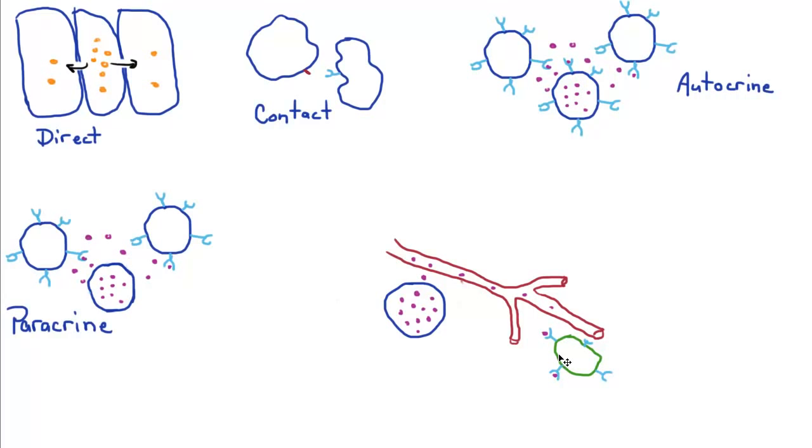And endocrine, I forgot to write that in, I'm sorry. But this is endocrine signaling. You've got your cell over here. It's going to secrete a signal. The signal is going to travel through the bloodstream to its target cell, which is way over here. It's a different cell, but you see your target cell has the receptors on it to pick up the signal. There, I wrote endocrine in for you.